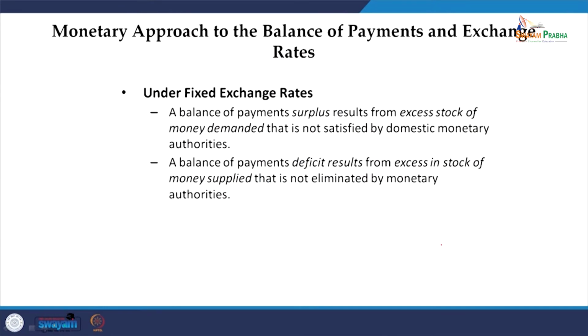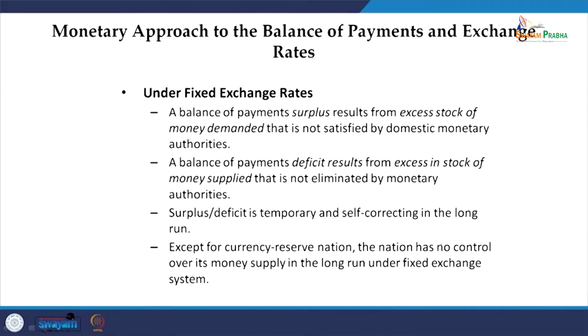We will discuss this in diagrams in detail in our respective class. Just giving the overview, the surplus or deficit is temporary and self-correcting in the very long run, as pointed out by the monetary approach to balance of payments and exchange rate phenomena.